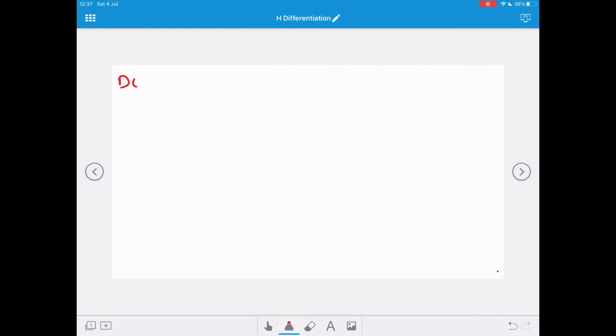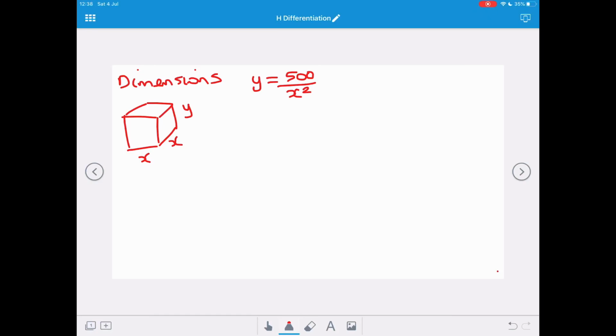Now the question asked us for the dimensions of the glass display case. So if we draw ourselves a sketch of that cuboid, we know that the base was square, so it was x by x, and the height we gave the variable y. And we created the expression for y in terms of x of y equals 500 over x squared.